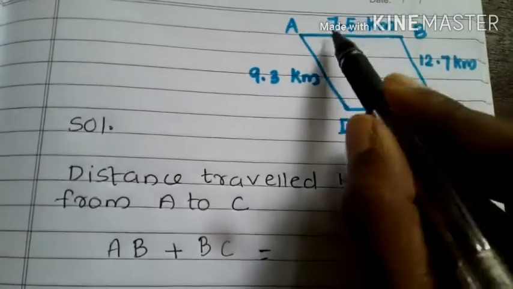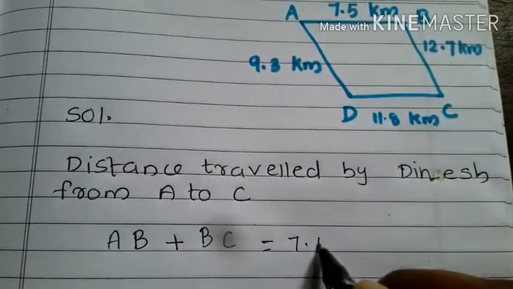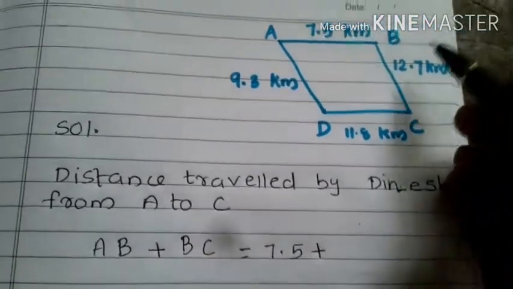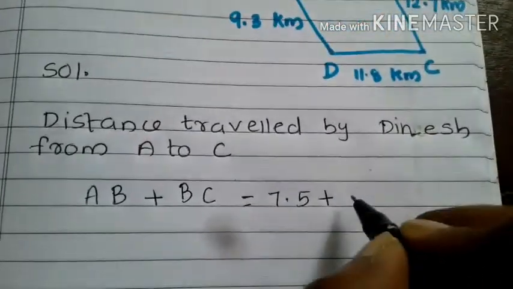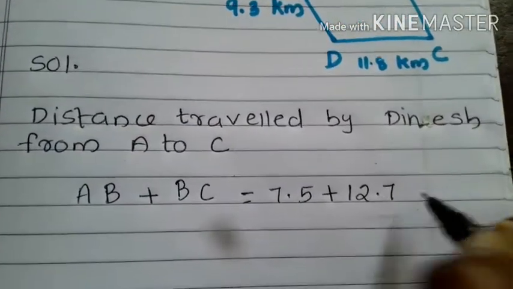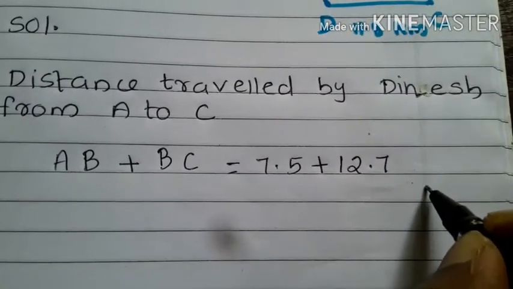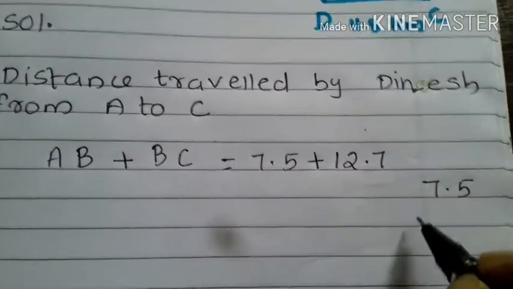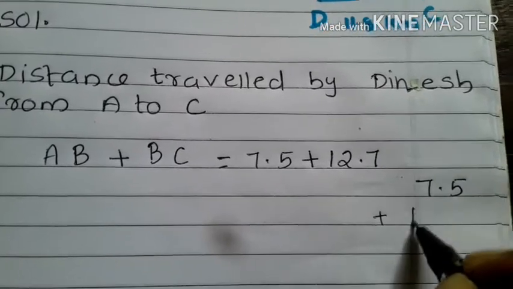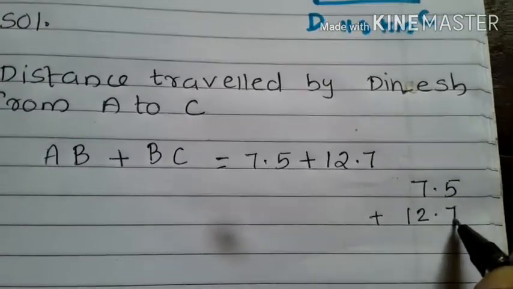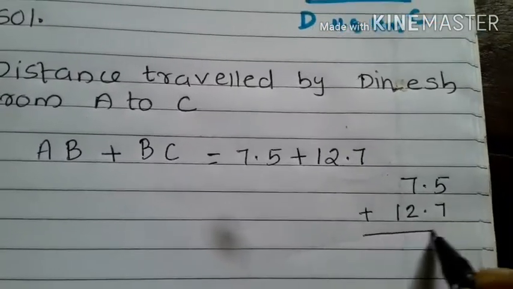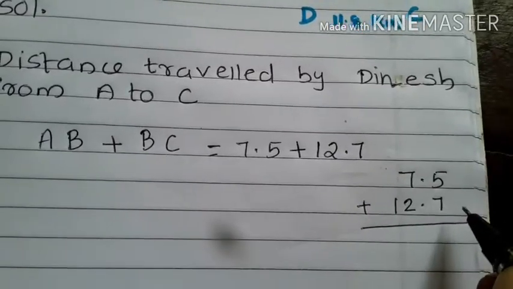The decimal number 7.5 km plus 12.7 km. So we add these two numbers, 7.5 plus 12.7.